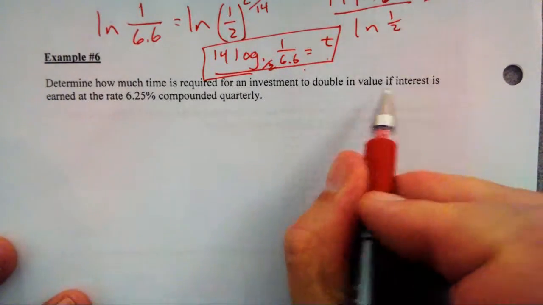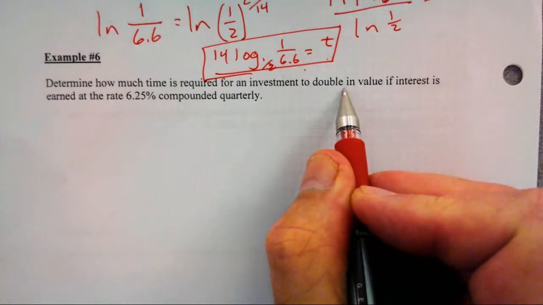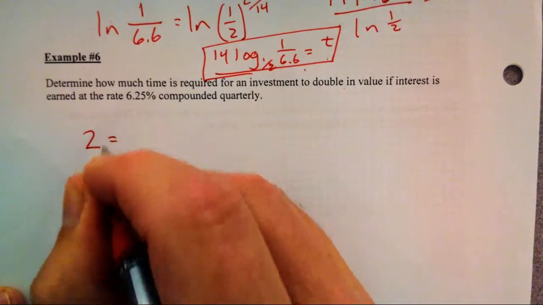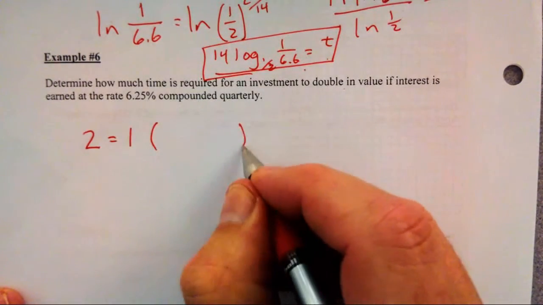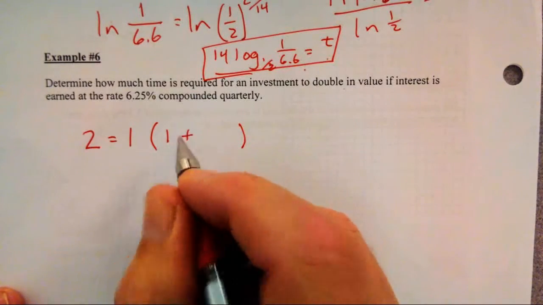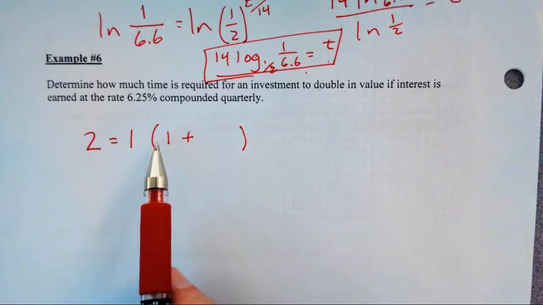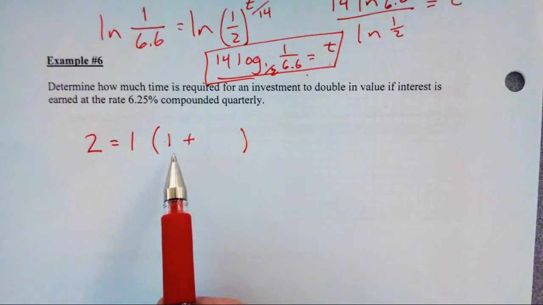How much time will it require for an investment to double? $1 million turns into $2 million, or $1 turns into 2. I end up with 2. I start with 1. 1 plus, when I distribute the 1, that just means I get my $1 back. If this was $1 million, when I distribute the 1, I get my $1 million back.